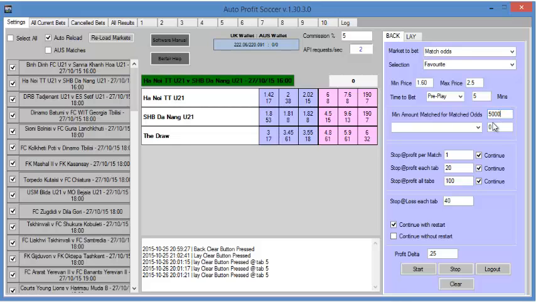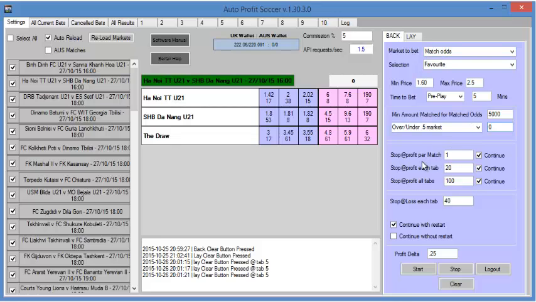And then we can also go to the secondary markets and pick something here, just for example, and you can have whatever odds that you want to be in the under and over 0.5 market. So I just run that as default at 0 if you're only doing the match odds market. That's up to you.